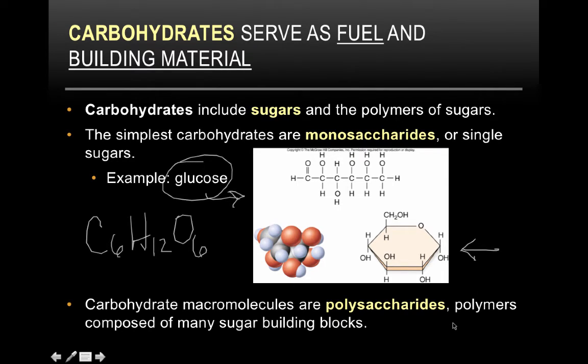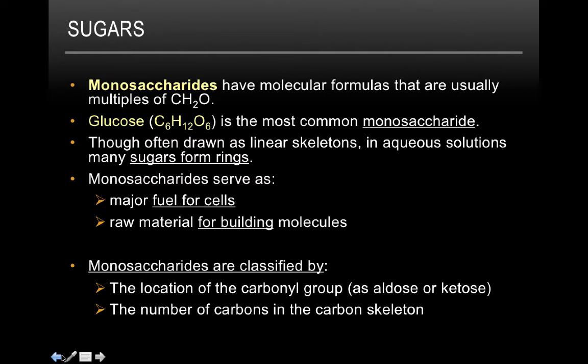Glucose is a very common monomer that is used in the process of building the larger carbohydrate called the polysaccharide, which is a polymer built of hundreds or thousands of smaller units, such as glucose in some cases. Monosaccharides have molecular formulas that are usually multiples of CH2O.